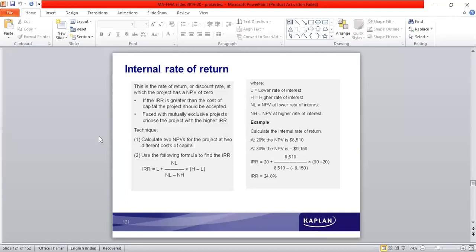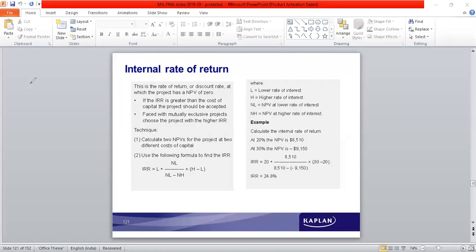So we take up the interpolation calculation based on this formula. The formula indicates that L is between two rates. We have worked out two rates, one is 15%, one is 20%. So between these two rates, the lower rate should be taken. So L is equal to the lower rate plus NL, the NPV at the lower rate.